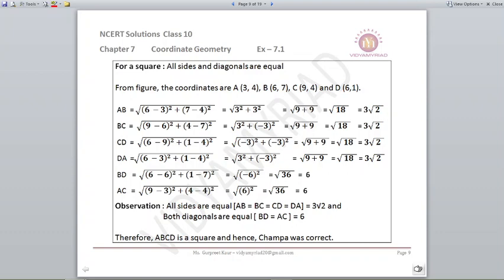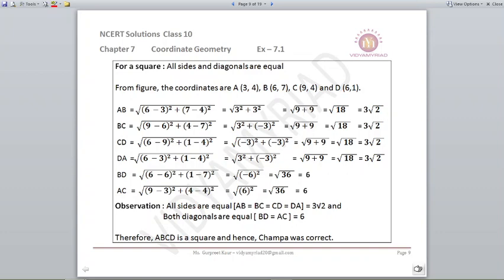So from the figure we have written the coordinates. A is (3, 4), B is (6, 7), C is (9, 4) and D is (6, 1). So we will find out AB, BC, CD, DA, all the sides, and we will find out the diagonals BD and AC. When we use AB, we are getting 3 root 2 as the final answer. BC is also 3 root 2, CD is also 3 root 2 and DA is also 3 root 2.